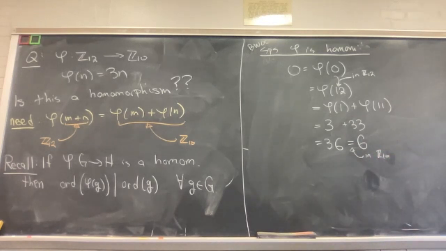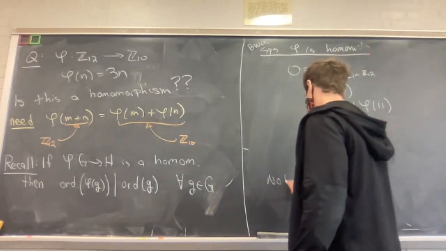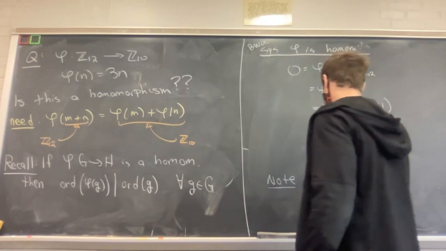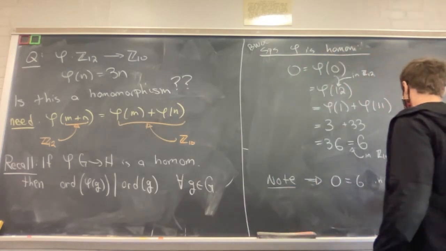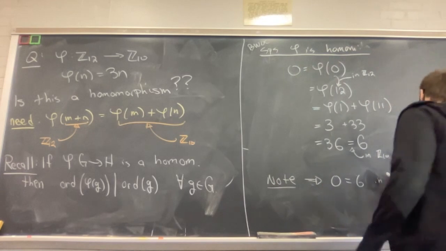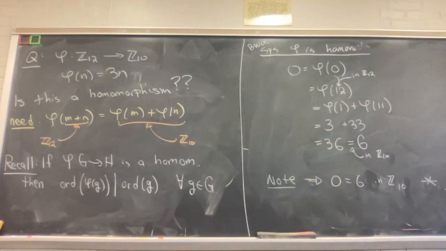Let's look at the extreme left and right hand side. This big equation implies that 0 equals 6 in Z10, which is our contradiction. Sorry about that flub earlier, but it's a nice way to see it.